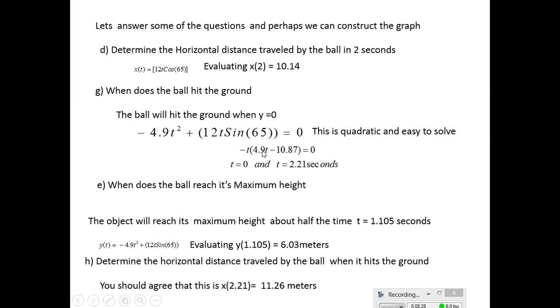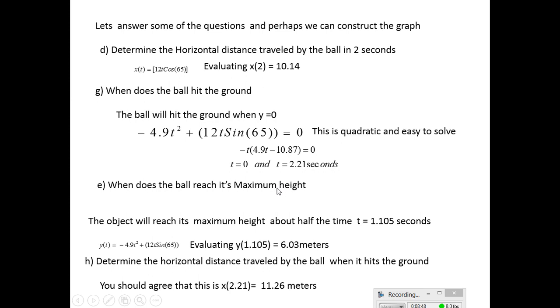That gives us 2 answers. Of course, we can clearly see that by pulling out the t initially. It gives us t equals 0. The other one is driven by the solution of this factor, which is 2.21. So that's the total time that it's in the air, 2.21 seconds.